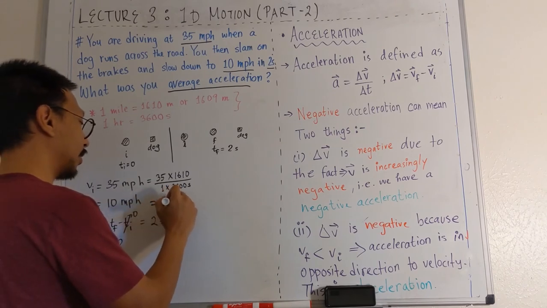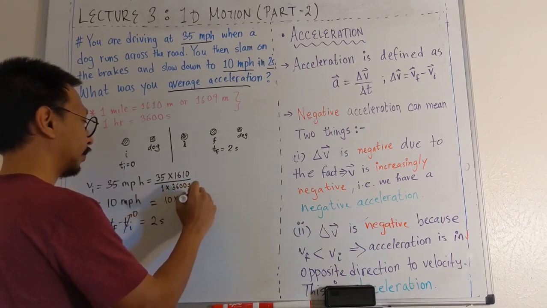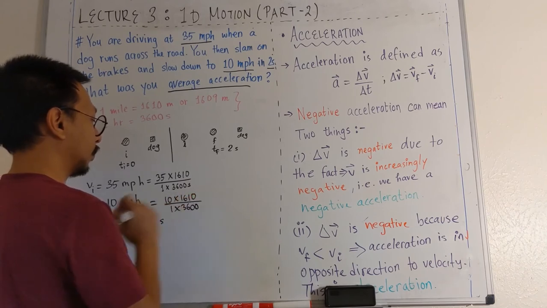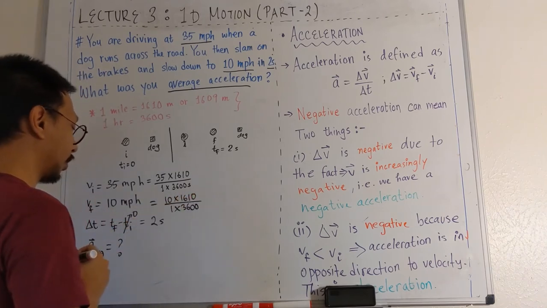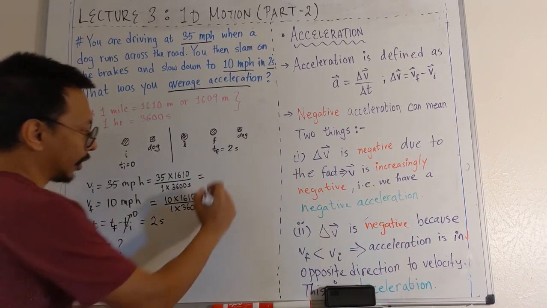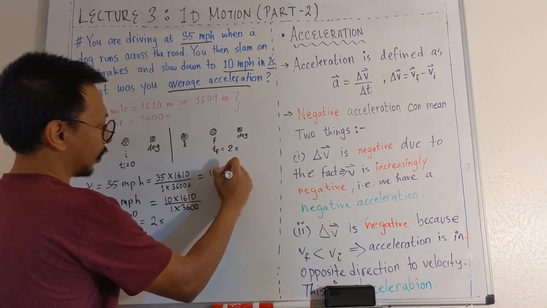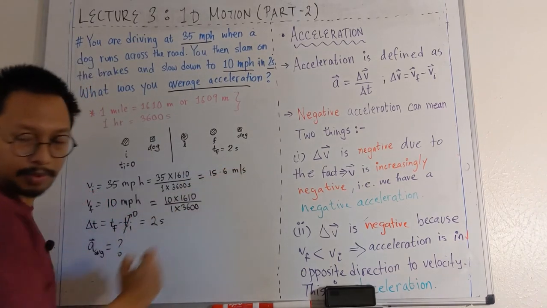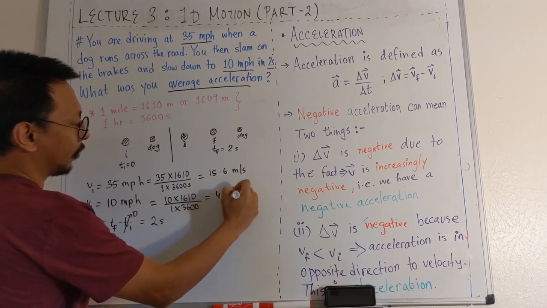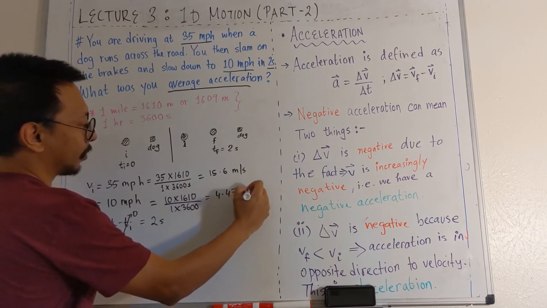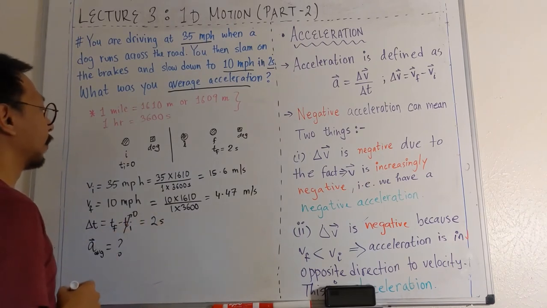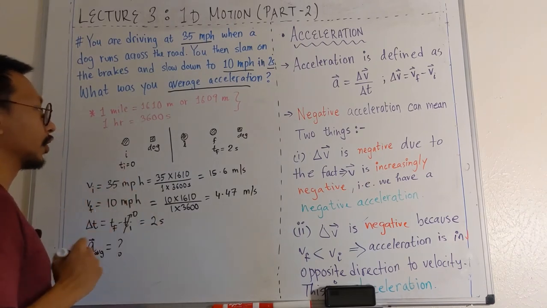You do the same for the other speed. What do we have? We end up with 15.6 meters per second and 4.47 meters per second.